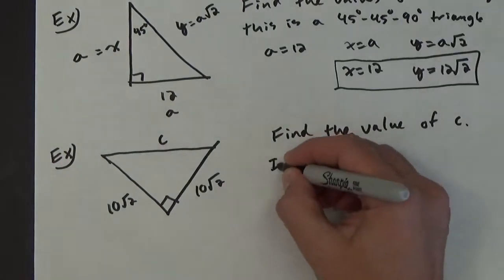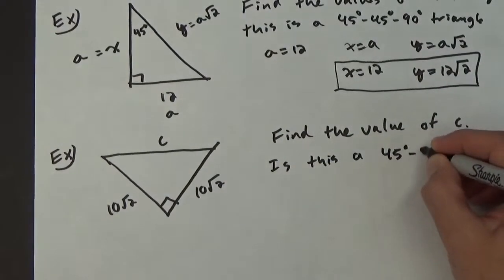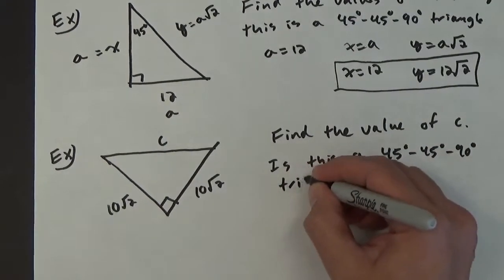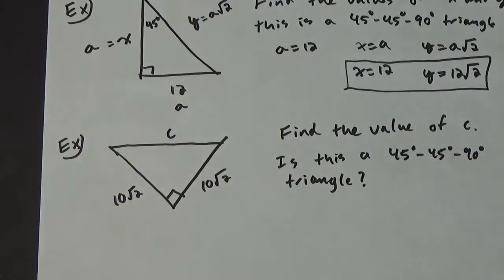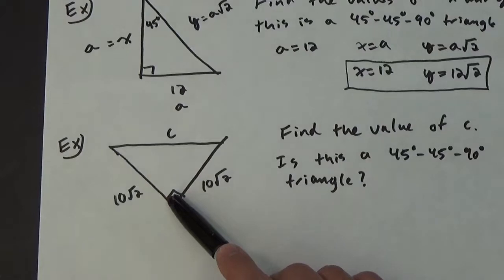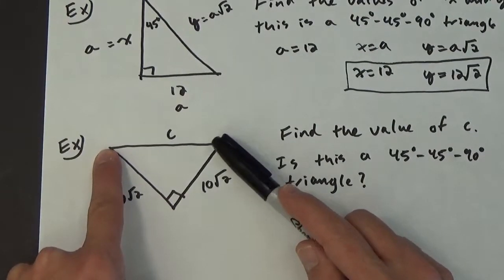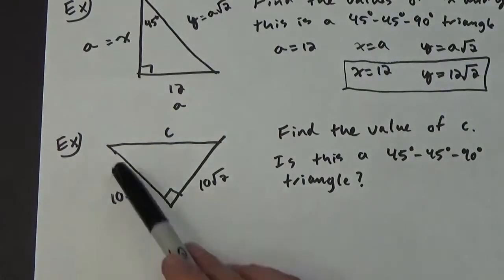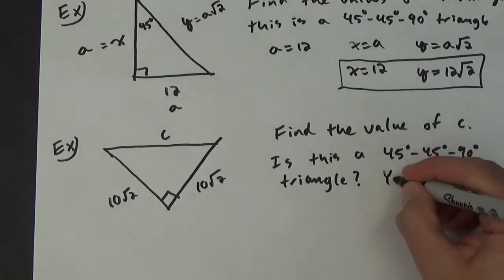So first off, is this a 45 degree, 90 degree triangle? And in this case it is. The reason we can tell is we got the 90 degree here, and because both of these sides have a length of 10 square root of 2, it means it's isosceles. So the only way you can have an isosceles right triangle is if both of these are 45 degrees. So the answer is yes.